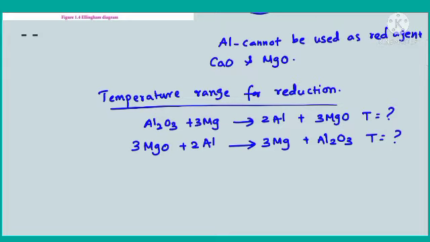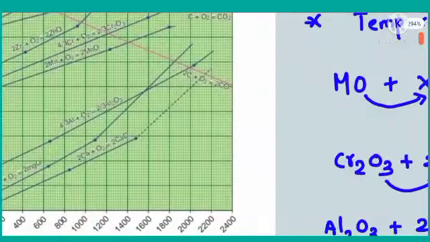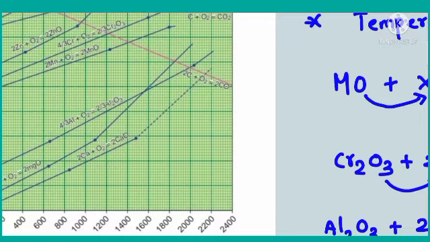Even this can be predicted with the help of the Ellingham diagram. So now look at the Ellingham diagram. This is the aluminum oxide line, and this is the magnesium oxide line. Okay, right. Now just see the point where these two lines are intersecting.